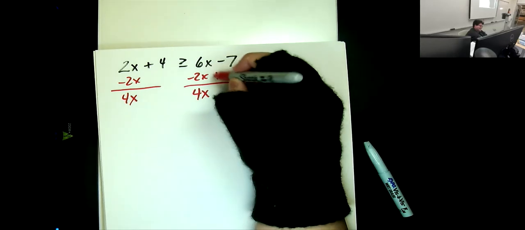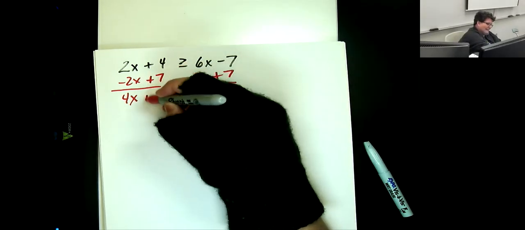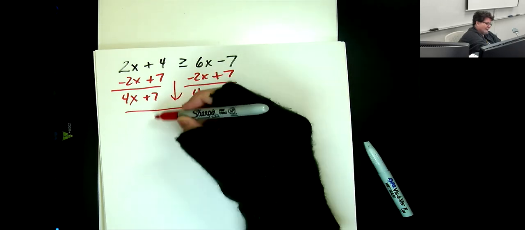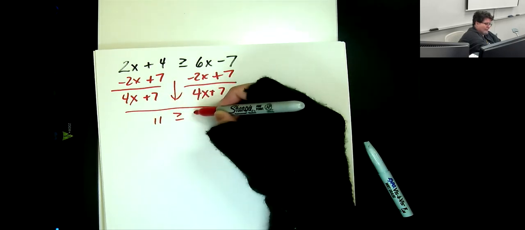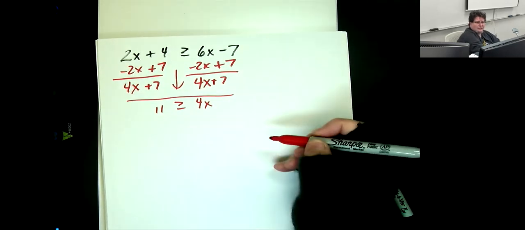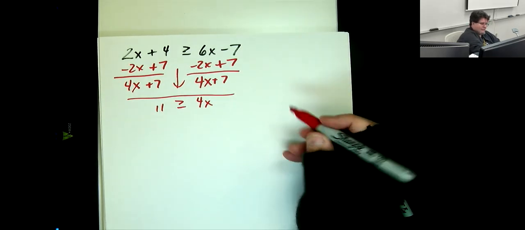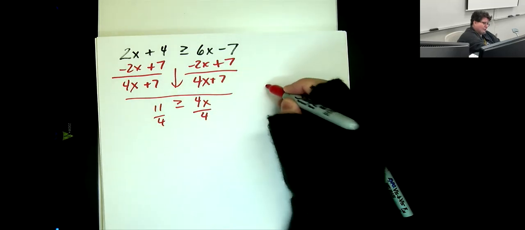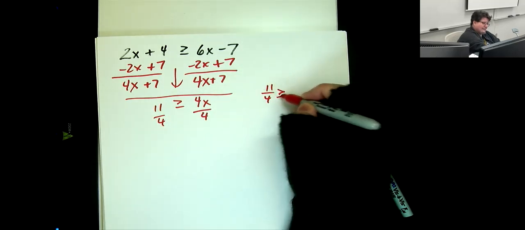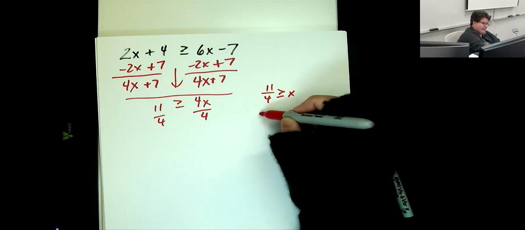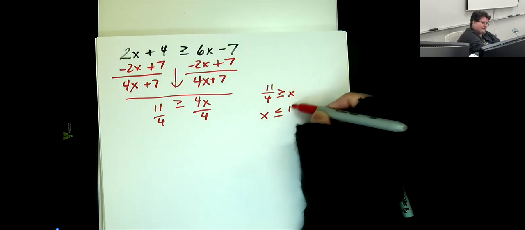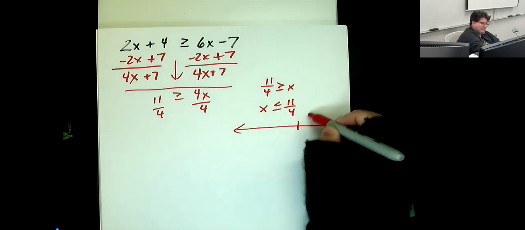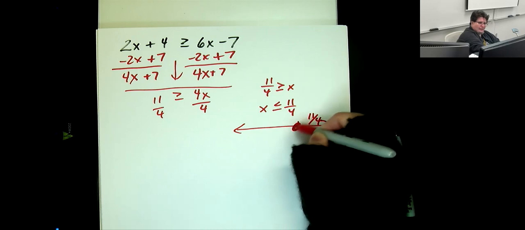I don't know if it matters, but yeah, we want to add 7. So we have 11 is greater than or equal to 4x. So we divide by 4. And we get 11/4 is greater than or equal to x. If we want to switch it around, we get x is less than or equal to 11/4. It's a solid point.